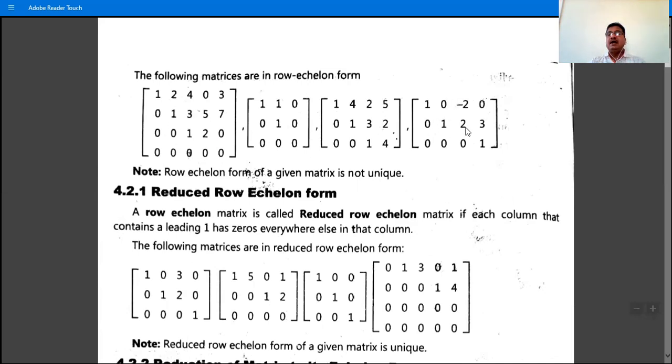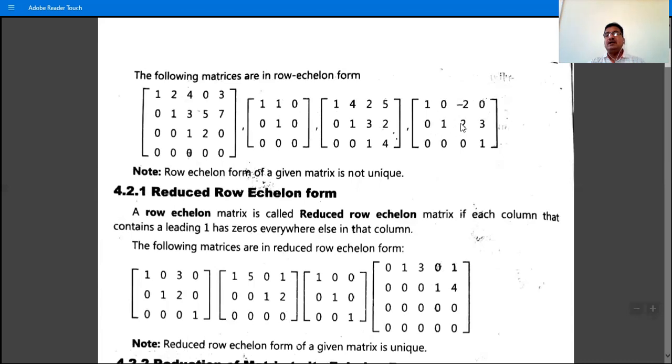Similarly, if you observe the last matrix, this is also a matrix in row echelon form. Why? Because there is no 0 row, but all 3 rows are non-zero rows. And in each row the first non-zero element is 1, and that is the leading one.